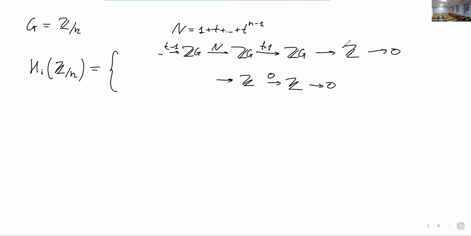Here there will be just multiplication by n, and again it alternates between these two. So then the homology is this.